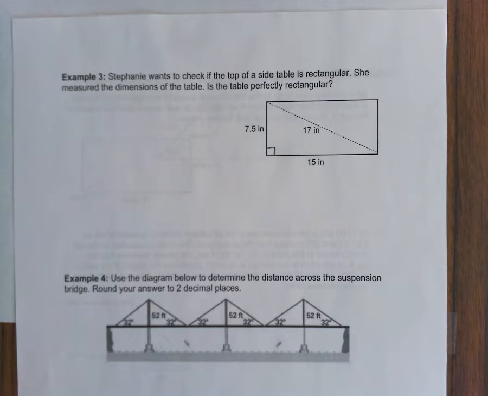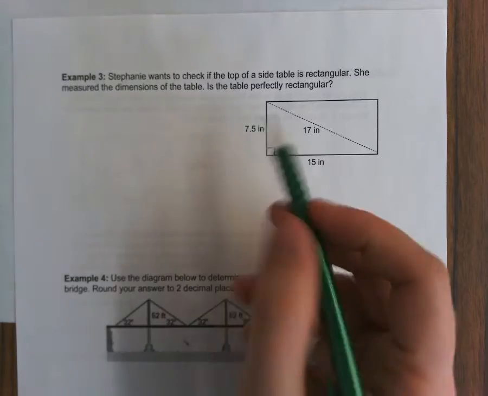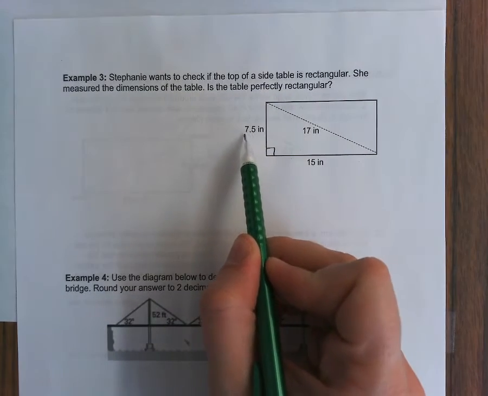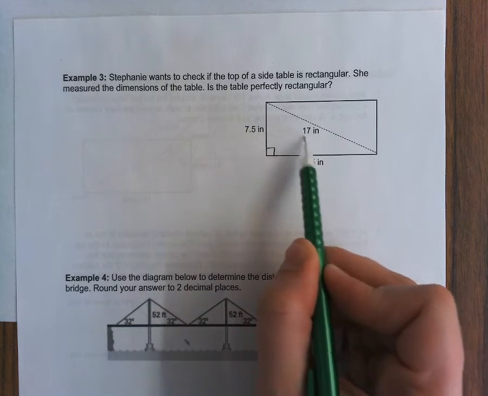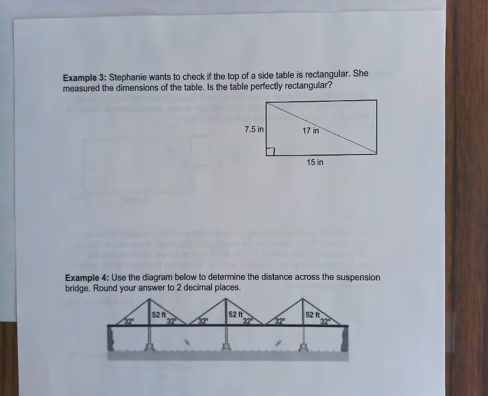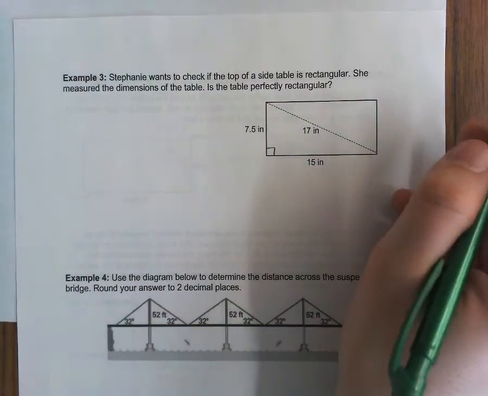And in order to check if that angle is 90 degrees, we would need to use Pythagorean theorem. In this case, we are only given side lengths. So we're going to see if 7.5 squared plus 15 squared is equal to 17 squared. And if they are in fact equal, it means that we have a right triangle.